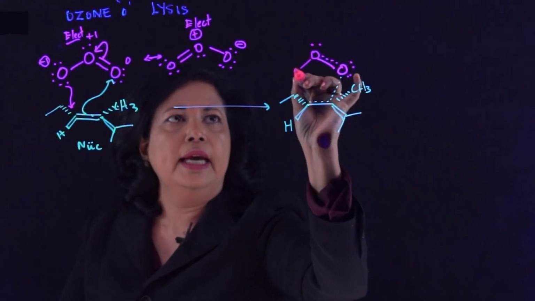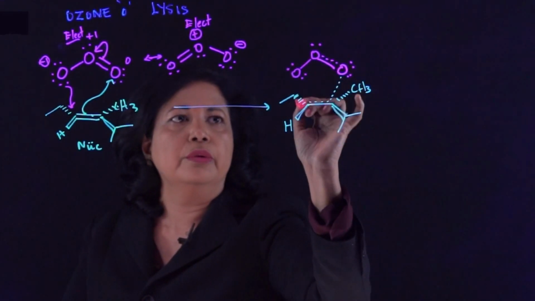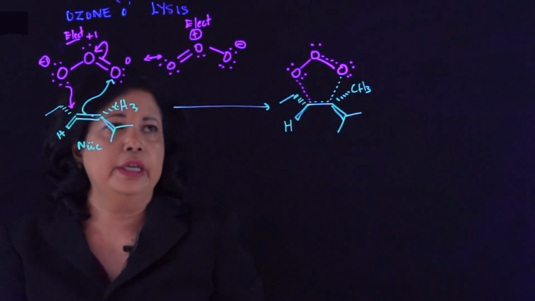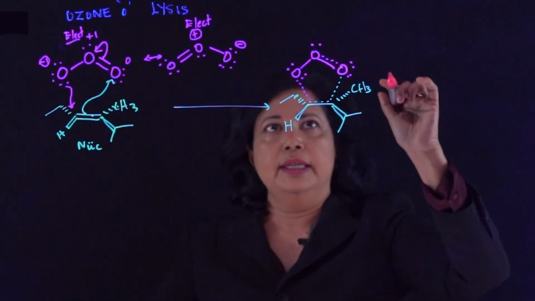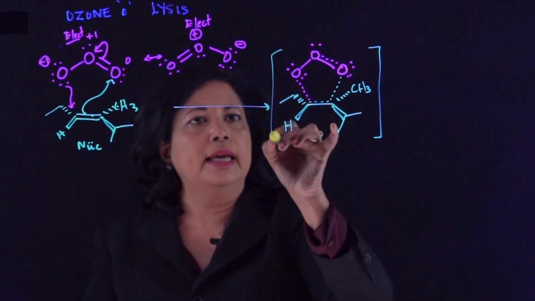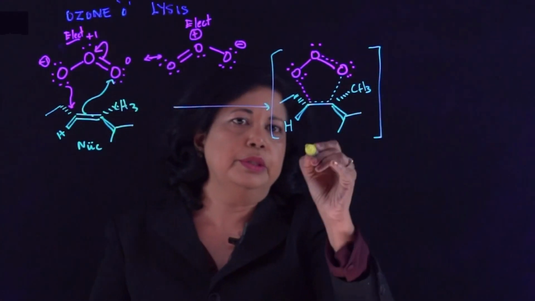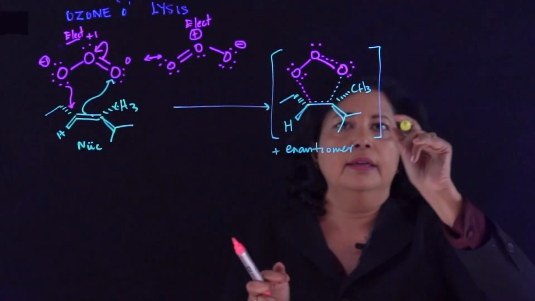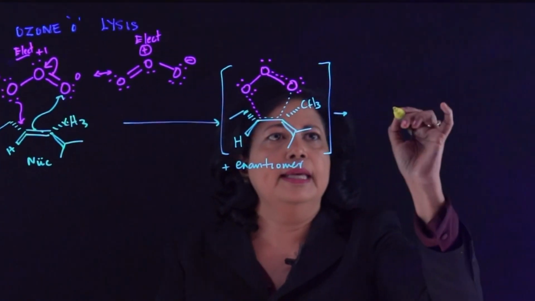And then that oxygen is going to grab that incipient positive that's forming over here. So now this is your transition state, and you would get attack from below. So you will get enantiomers, and you're going to then gel the bonds in place.